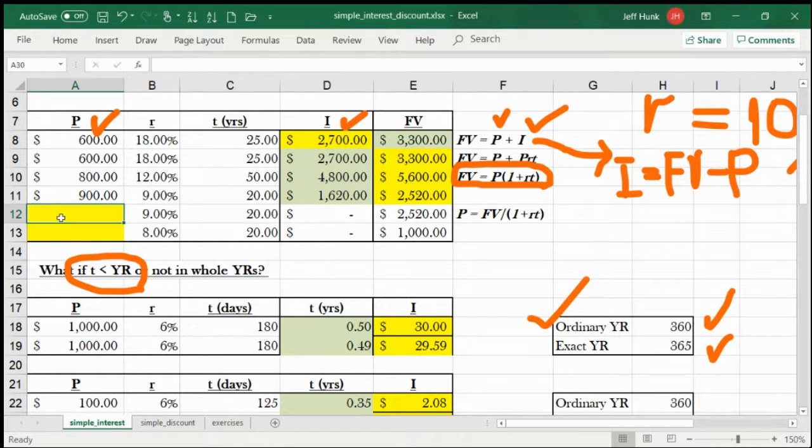Well, in other words, if you need $2,220 in 20 years, when the prevailing market rate is 10%, what should be the principal? In other words, what do you need to put into the bank today?